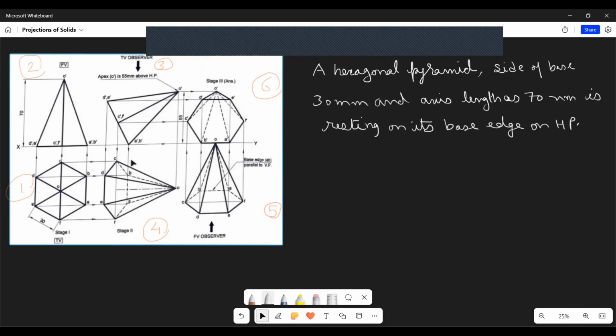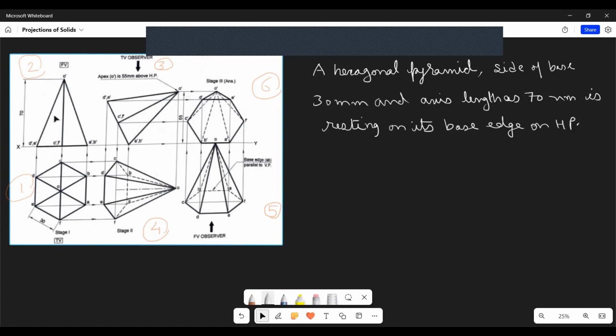Now, if we look at this figure number 3, here we see that the apex, this point, is at a distance of 55 mm from the HP. It means that this pyramid, which is shown in figure number 2, is inclined to the horizontal plane or HP such that the apex is 55 mm above the HP.